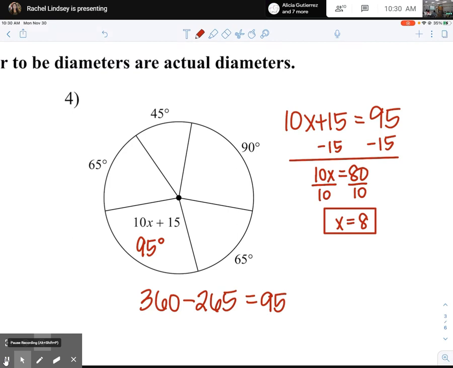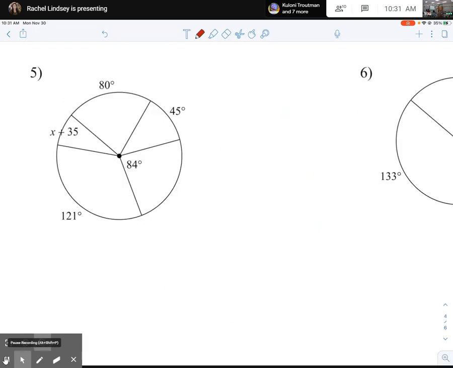Okay. Anybody got any questions? Same thing on number 5. We're gonna do 360 minus all the arcs that we know, so 360 minus the sum. These just so happen to be all of them.